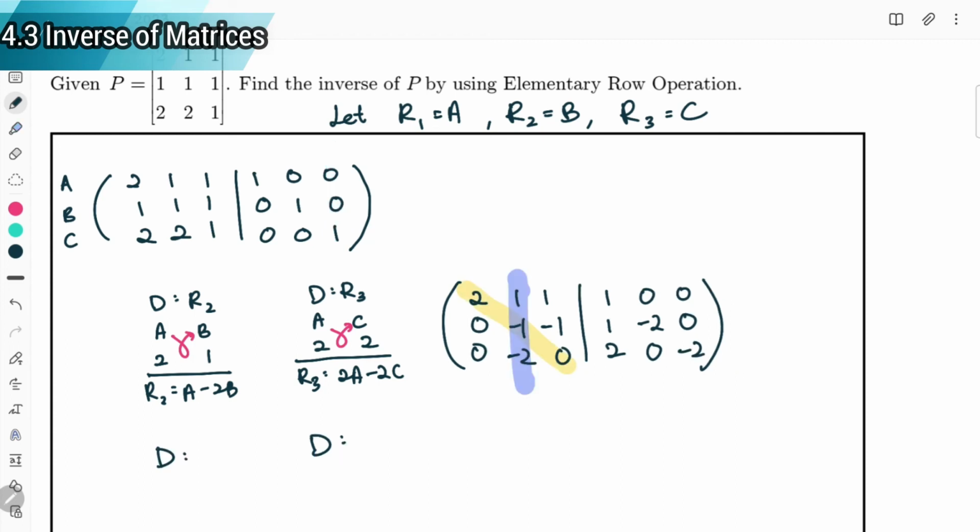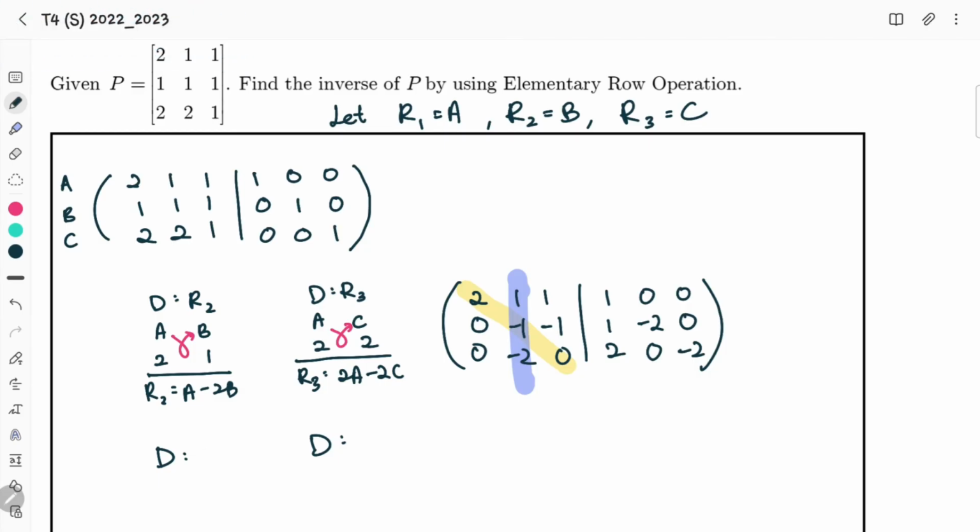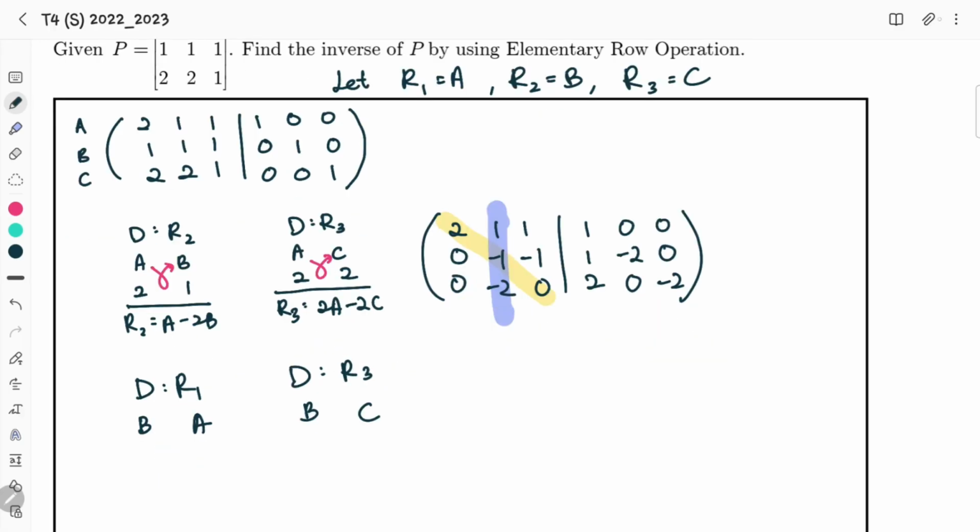Now focus on the second column. The ones outside the diagonal are row 1 and row 3.